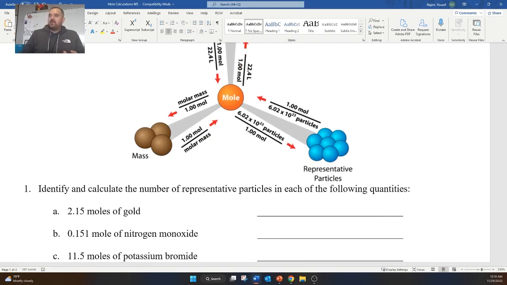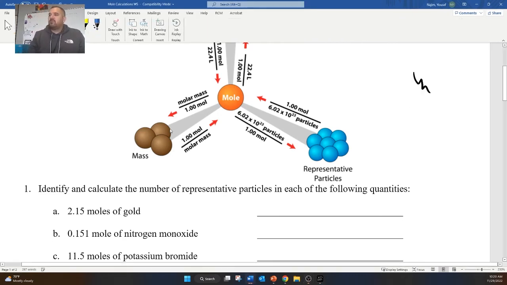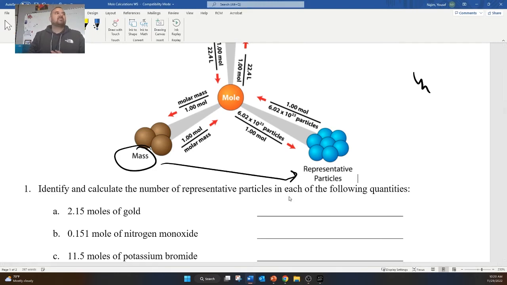So over here, it shows you how these conversions need to go. Can we go from mass to particle in one step? Yes or no?